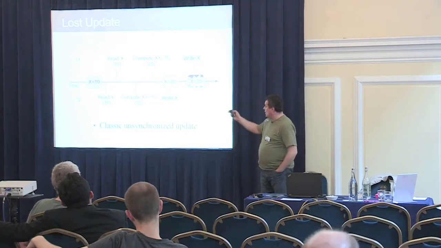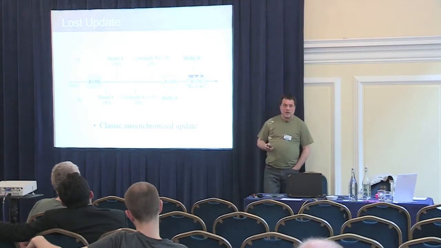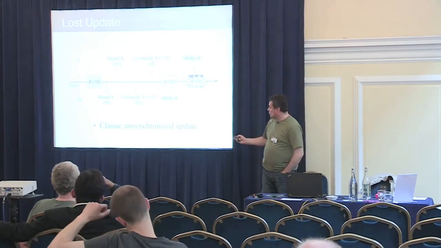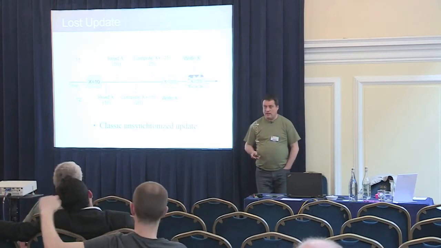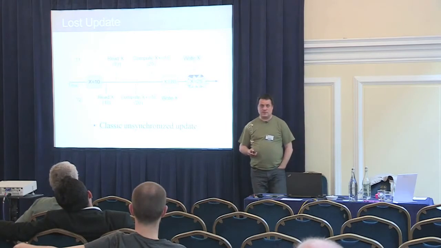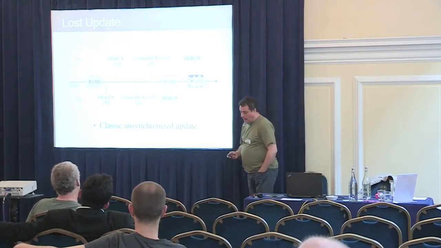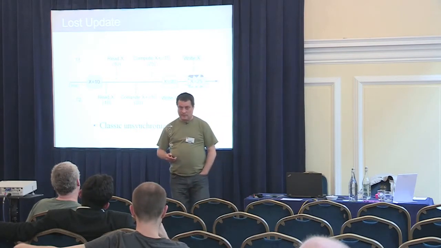And of course, transaction 1 wrote its own update after transaction 2. So this update, X equals X plus 10, was lost. So this is a lost update, which is forbidden by the ANSI standard for relational database management systems.